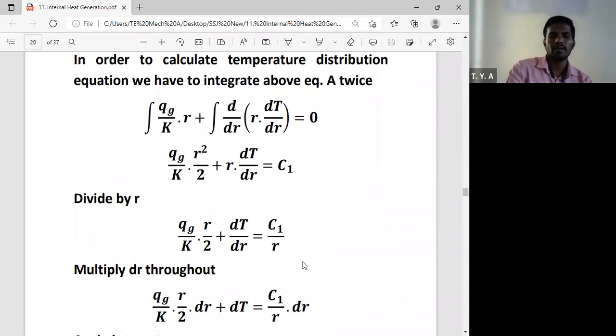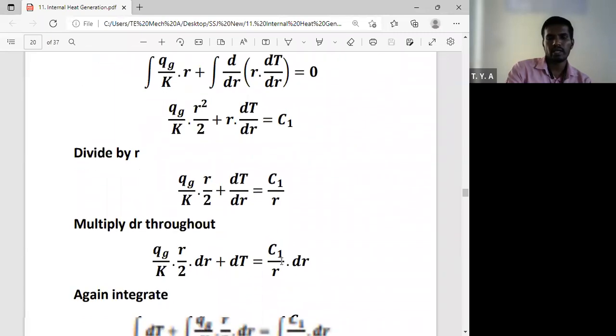Then we have to multiply dr throughout. Then what is the equation? QG by K into R by 2 into dr plus dt is equal to C1 by R into dr. We have multiplied by dr on both sides, so dr gets cancelled in the second term, and on the right hand side we have C1 by R into dr. Then we have to take the integration.